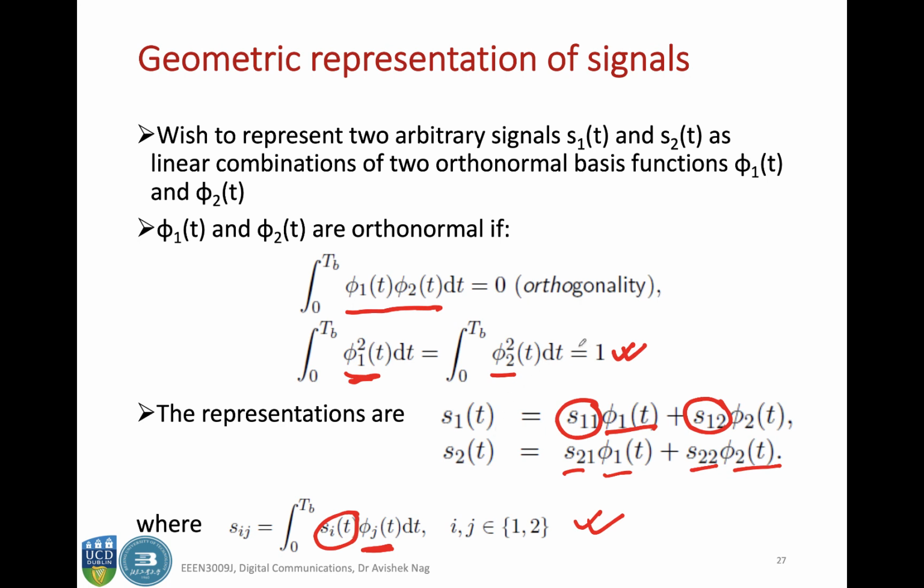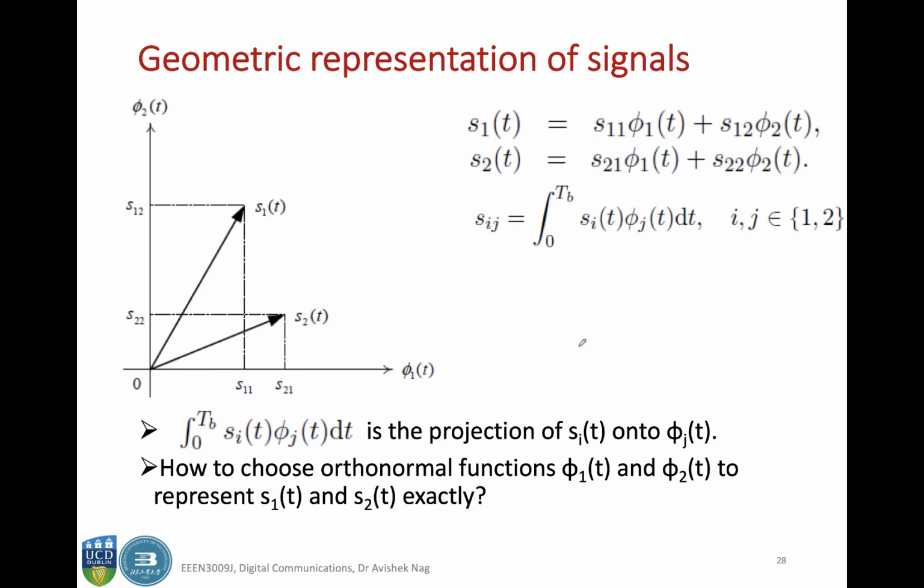Basically, this can be represented as a vector space or a two-dimensional signal space where you have a phi1 axis and a phi2 axis. Notice that phi1 and phi2 are still functions of time, and the original signals are also functions of time.